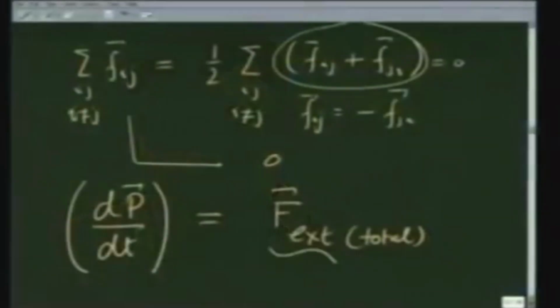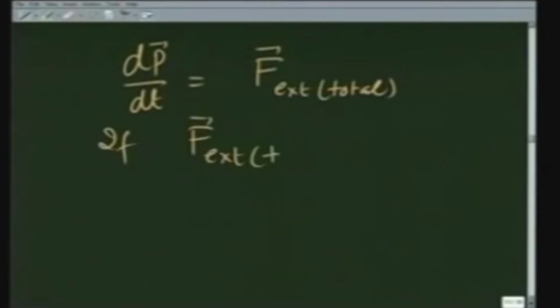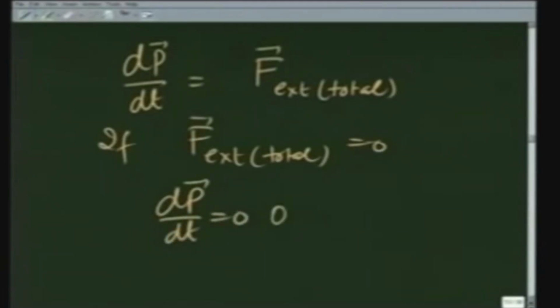This is a general statement, and you can right away see that if F external is 0, then dP/dt is going to be 0, and therefore net momentum is going to be conserved. So let us see this again. dP/dt is equal to F external total, and if the total applied force from outside is 0, dP/dt is 0, or equivalently P is a constant.